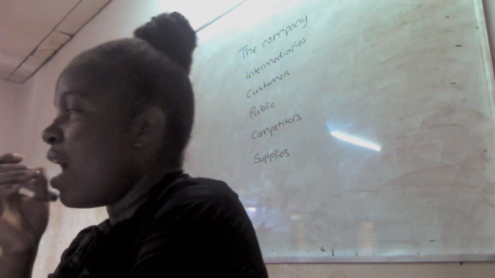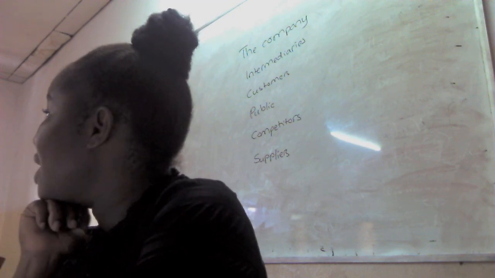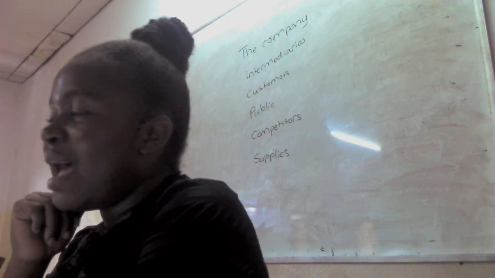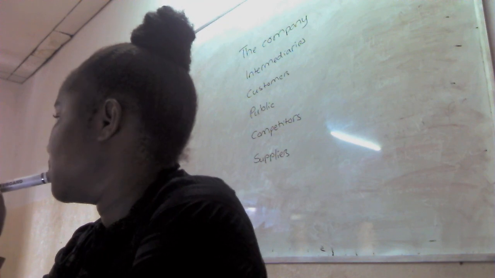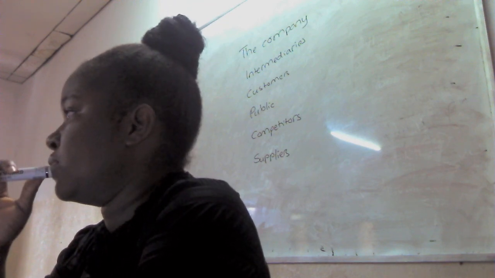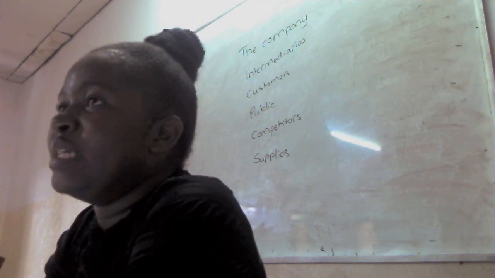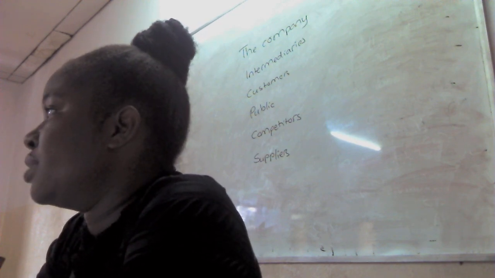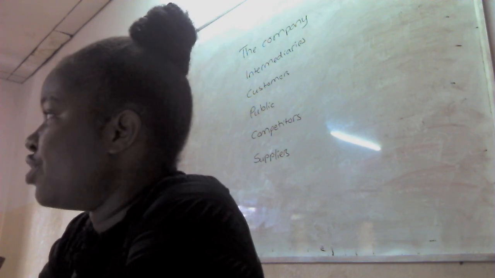So there are different types of intermediaries. The first are resellers. The second are physical distribution firms.